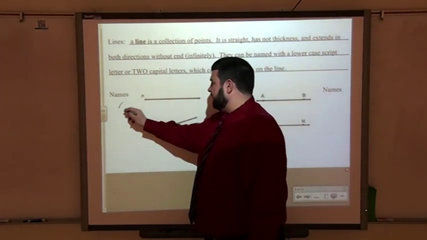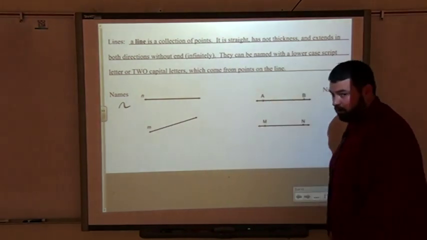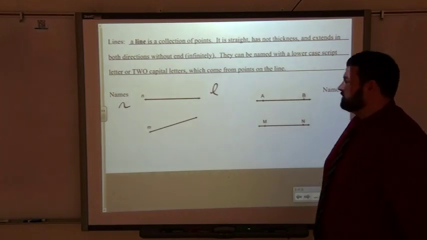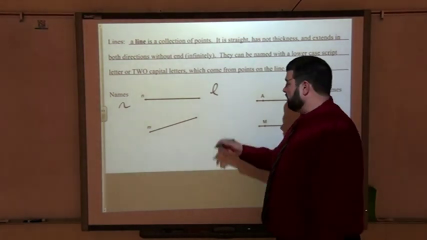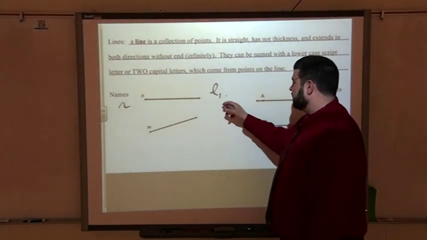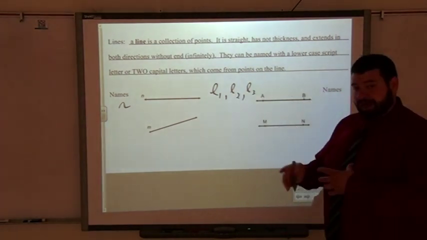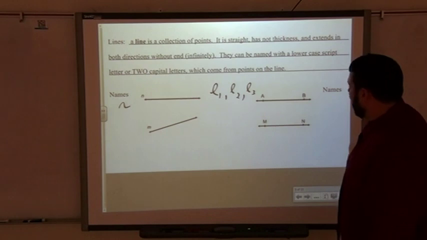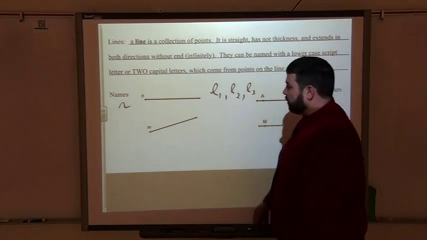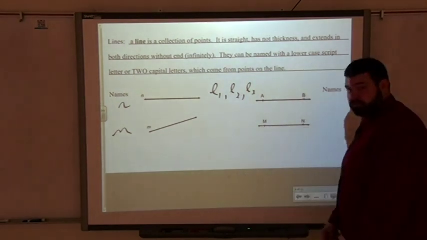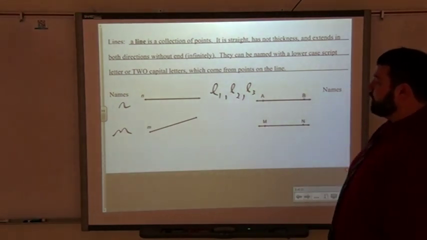I don't have italics, but that's how it will work. Usually they like to use the script letter L, so that's why we're talking about the script letters. And you'll see in a future video, we'll call it L1, L2, L3, for line 1, line 2, line 3. For this one, you can name it with the script M, or a cursive letter M. So that's how those would work for those names.